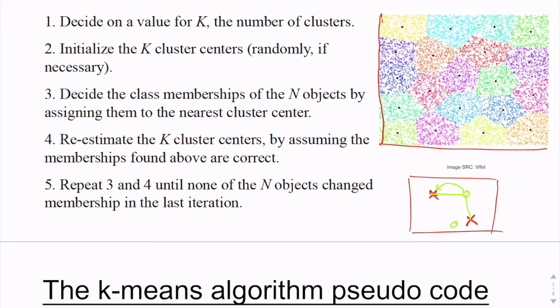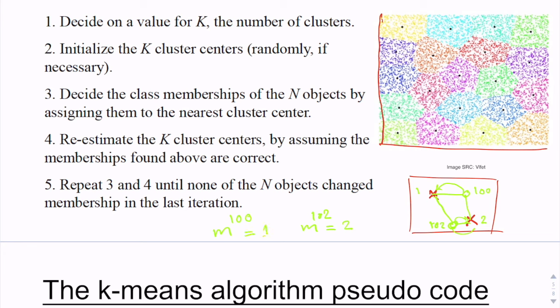Then I also measure the distance between the other point and each center, and it is closer to this center, so I assign it to this cluster. If I call this one cluster 1 and this one cluster 2, the centers, and if this is sample 100 and this is sample 120, I will say that sample 120 belongs to cluster 2, and the membership for sample 100 is cluster 1.